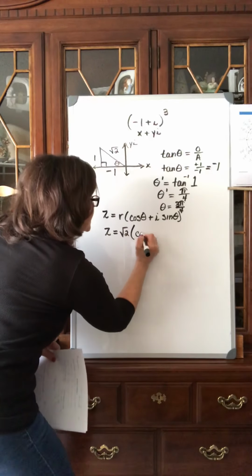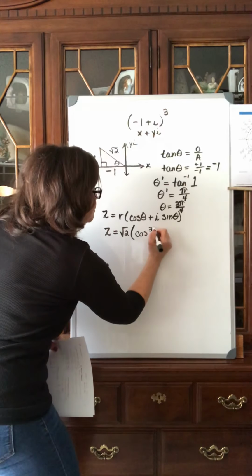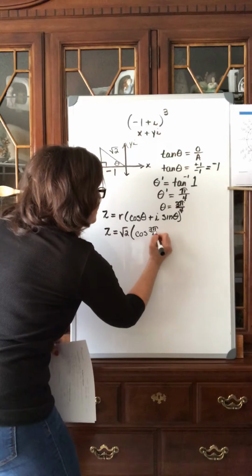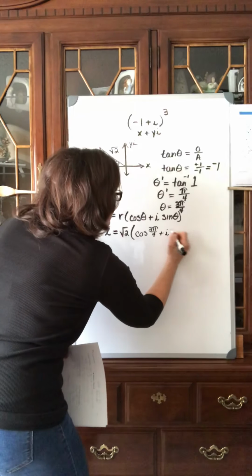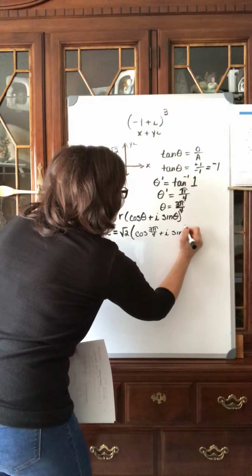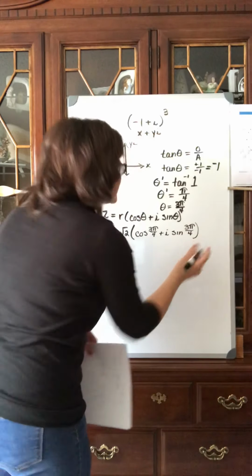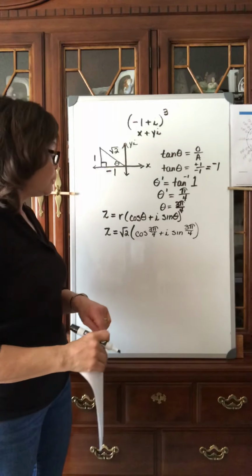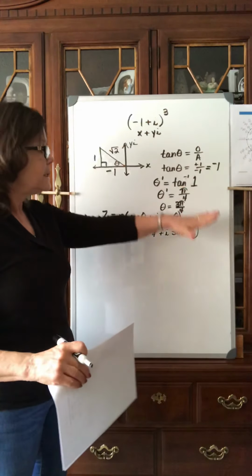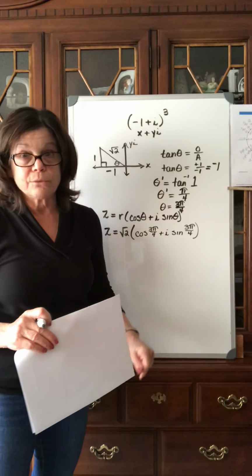So it's going to be the cosine of 3 pi over 4 plus I times the sine of 3 pi over 4. So that's not raising it to the third power yet. All of this lead-up work is just putting it into trig form.